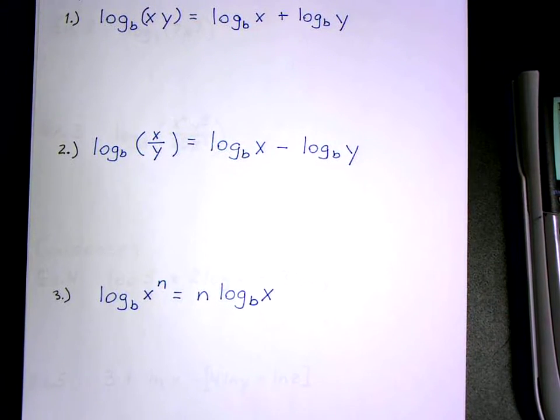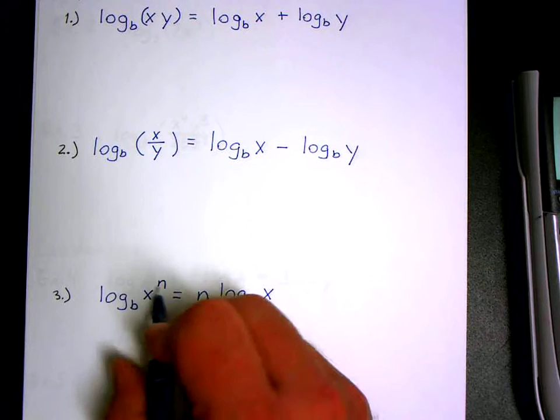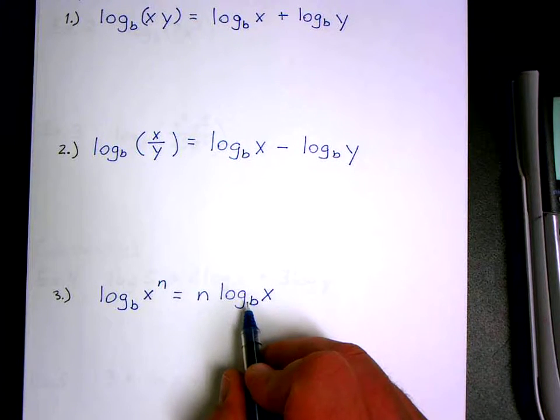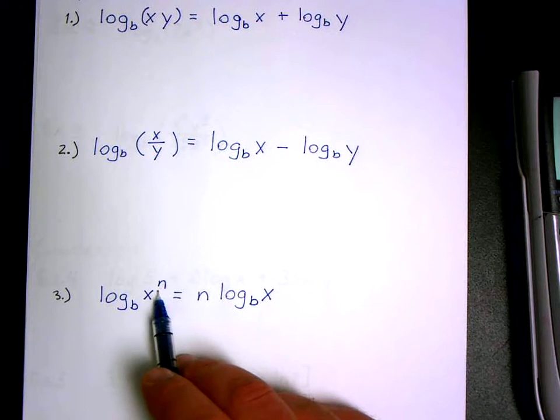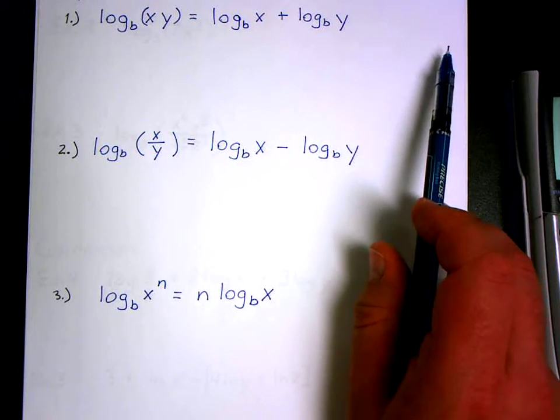You can take an exponent and move it to the front. This means I have x n times, right? Well, if I change that into addition, I would have n of them added together.